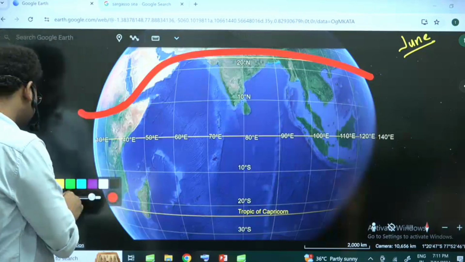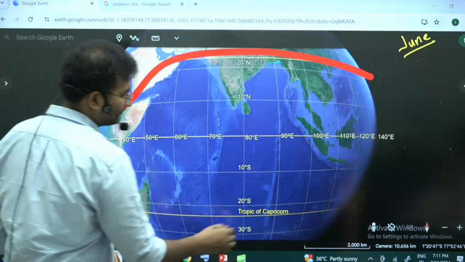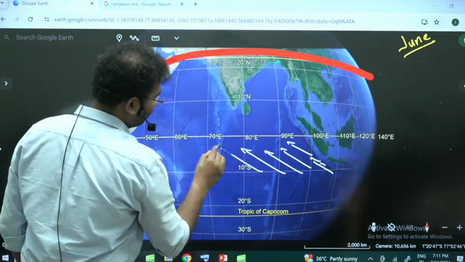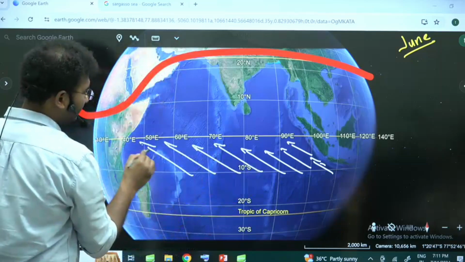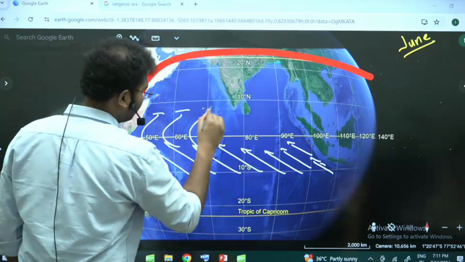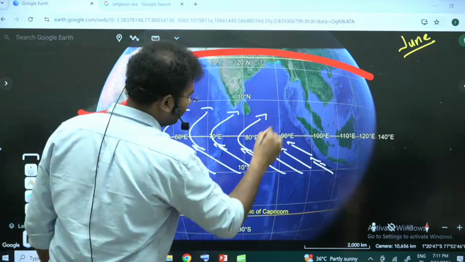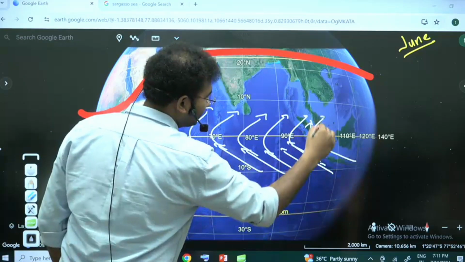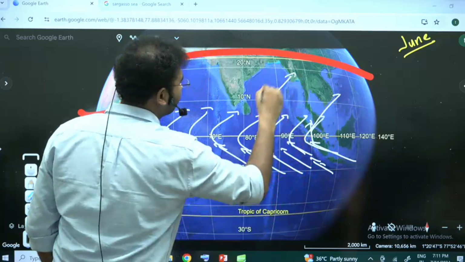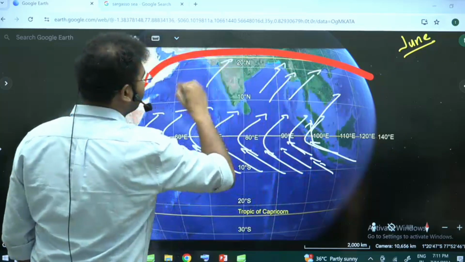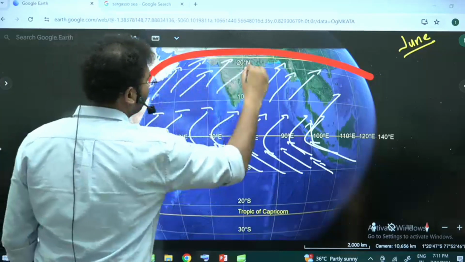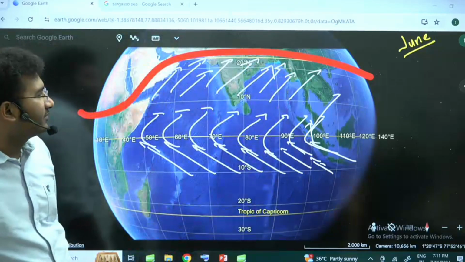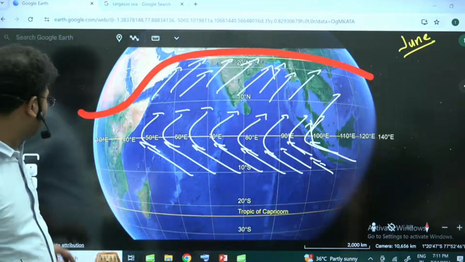So how will the surface winds be? These are surface winds. They cross the equator and they turn towards their right. Right? It crossed the equator, Coriolis force is towards the right, so that's why all the winds would like to move in this direction. Right? Your oceanic water will also have a similar kind of behavior. Look.